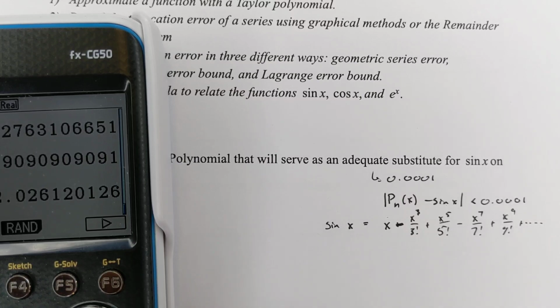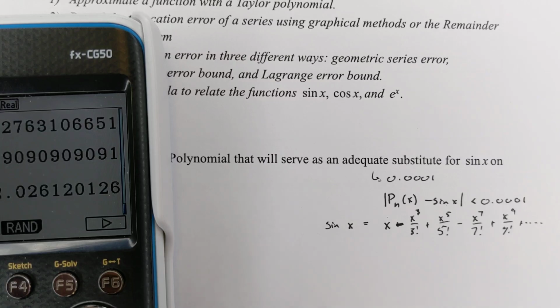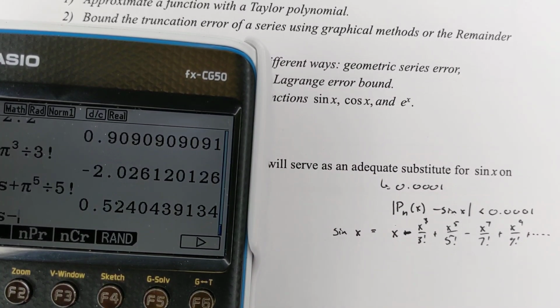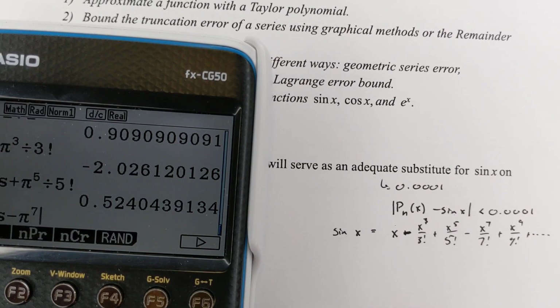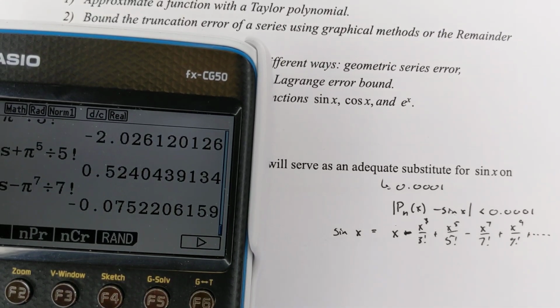So then we just add on another term, plus pi to the 5th divided by 5 factorial. So that's 0.5. So next term, minus pi to the 7th divided by 7 factorial. So still too small.